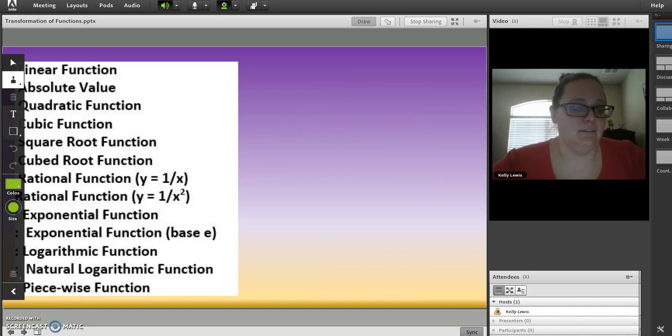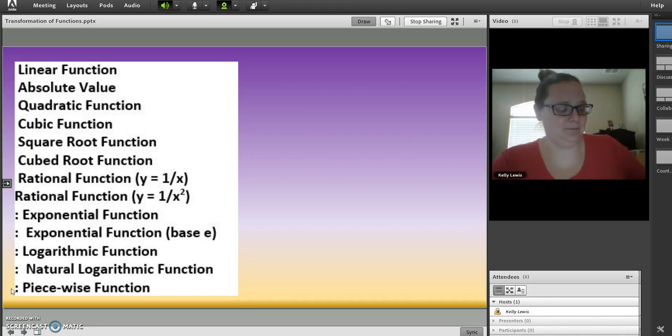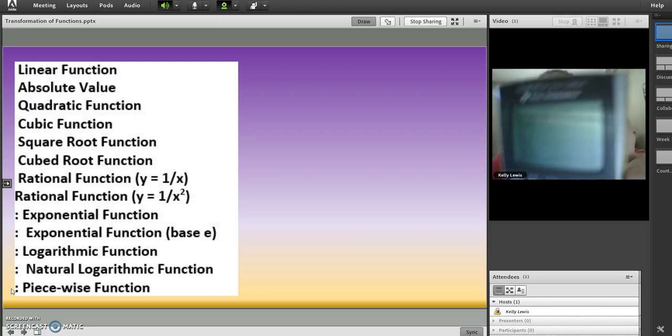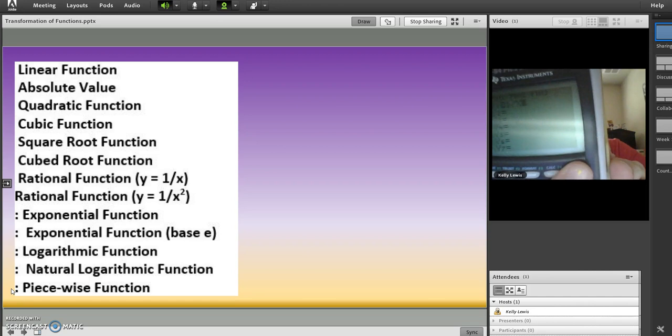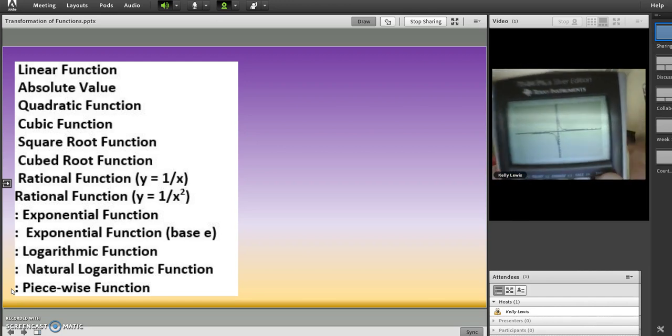All right, and then we have the other ones. So we did rational. Rational is 1 divided by x. So I went to y equals and I typed 1 divided by x, and then I graphed it, and that's what it looks like.